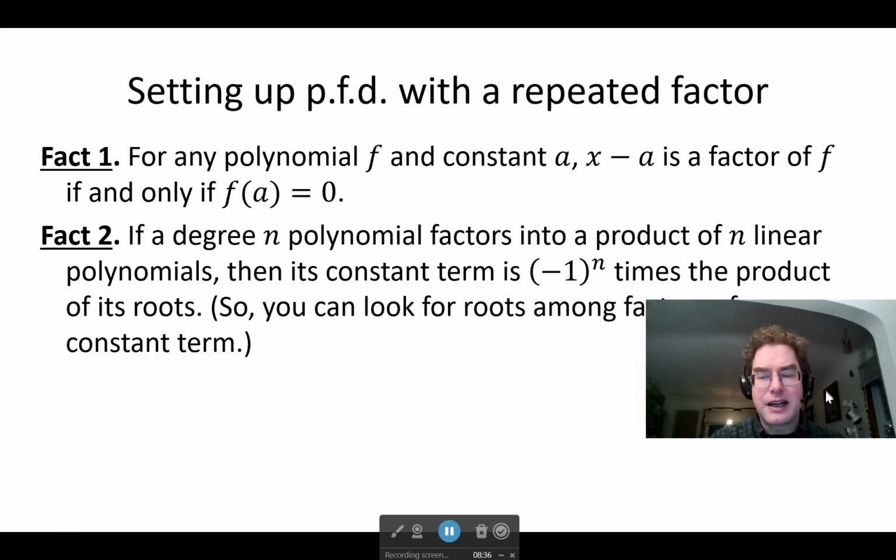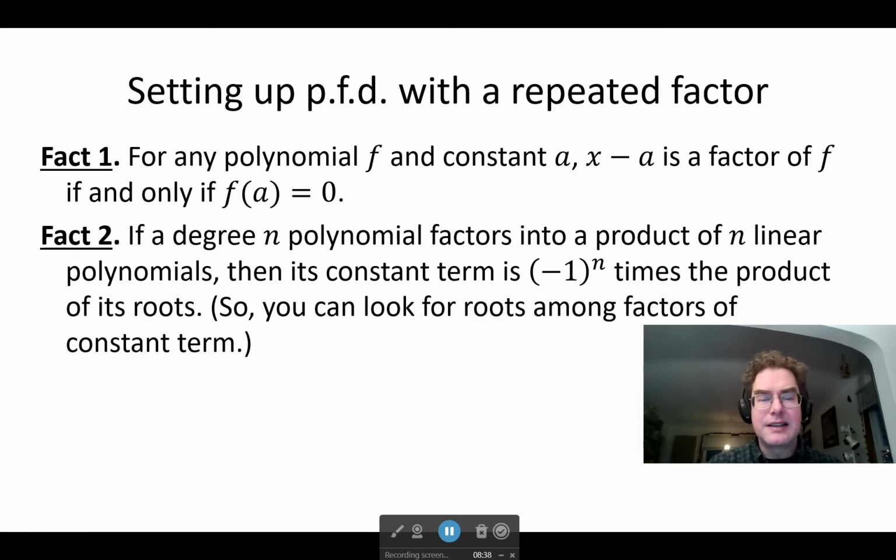Another fact that comes in handy sometimes is that if you have a polynomial and it does factor entirely into linear factors, n linear factors if it's degree n, which is the nicest case, which you kind of hope is going to happen, then the constant term of that polynomial is, possibly up to a factor of negative 1 to the n, the product of the roots of the polynomial.